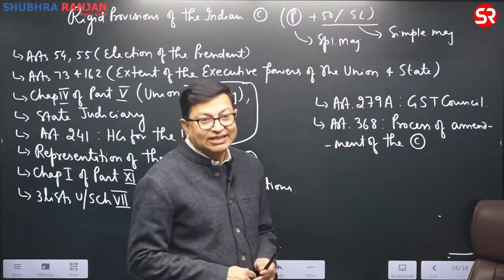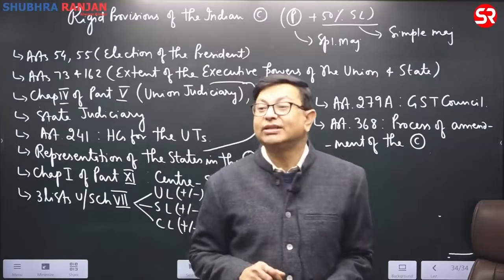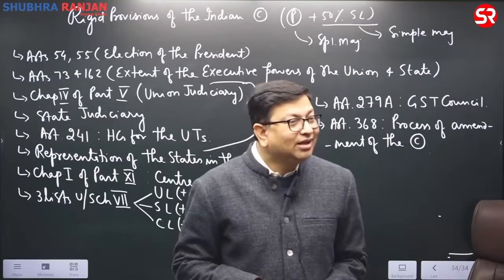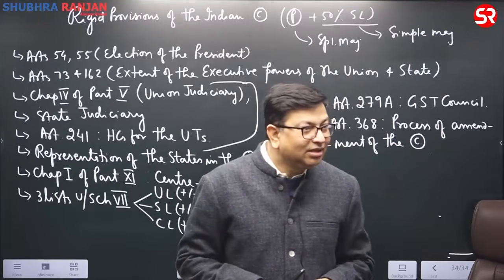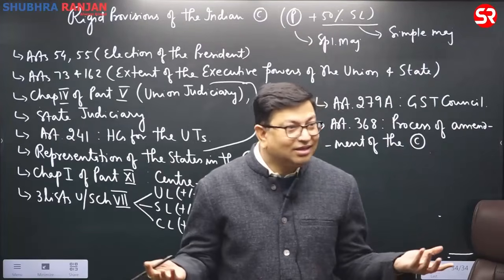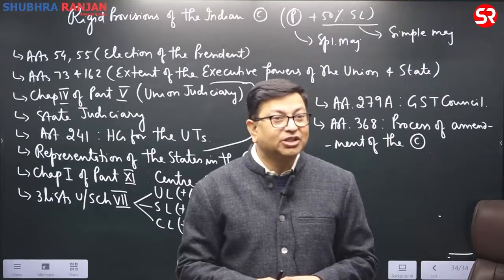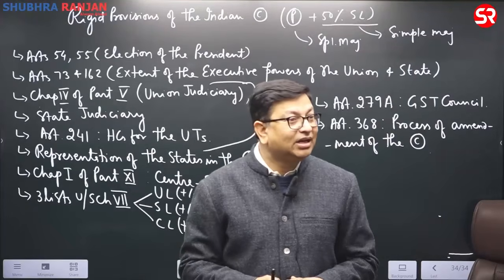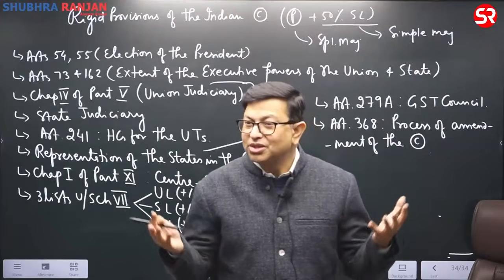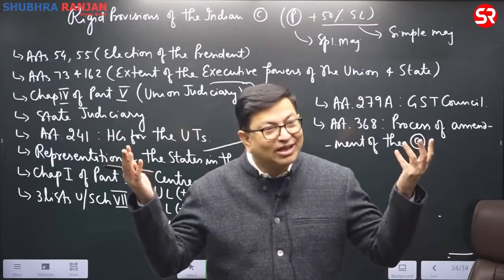And Article 368 says, I am also rigid. Why? Because if it is flexible, done. One sentence, all the provisions of the constitution can be amended only by the parliament. Your whole constitution will become flexible.